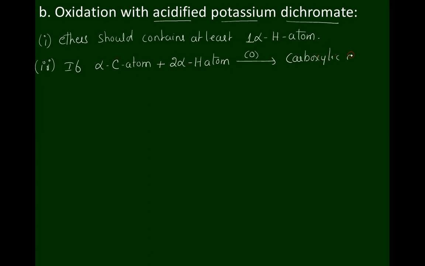That means if the given alpha carbon atom contains two alpha hydrogen atoms, when it is subjected to oxidation, this alpha carbon atom of the ether gets converted into a carboxylic acid. If the given ether alpha carbon atom contains only one alpha hydrogen atom, then on oxidation it always gets converted into a keto group.